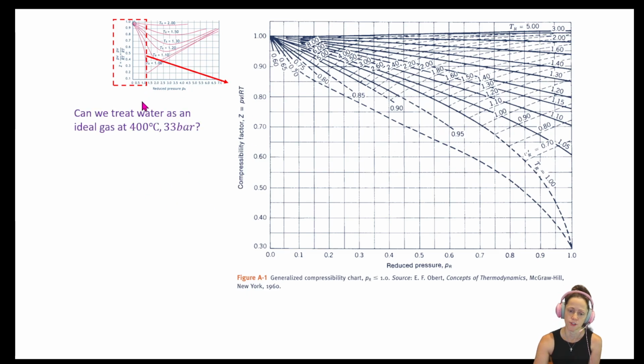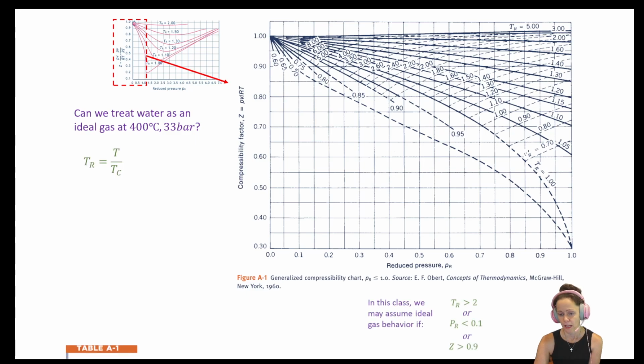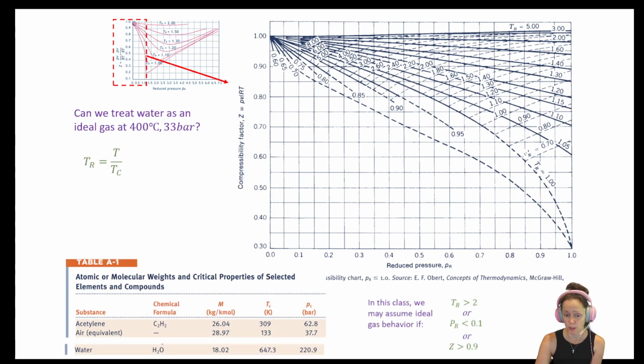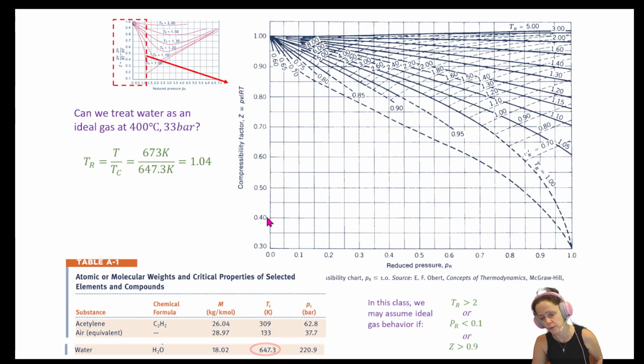Let's do one more. Can we treat water as an ideal gas at 400 degrees Celsius and 33 bar? So higher pressure there. Let's see. I'm going to check the reduced temperature, so T over T critical. There's my critical temperature. If I plug things in, I see 1.04.